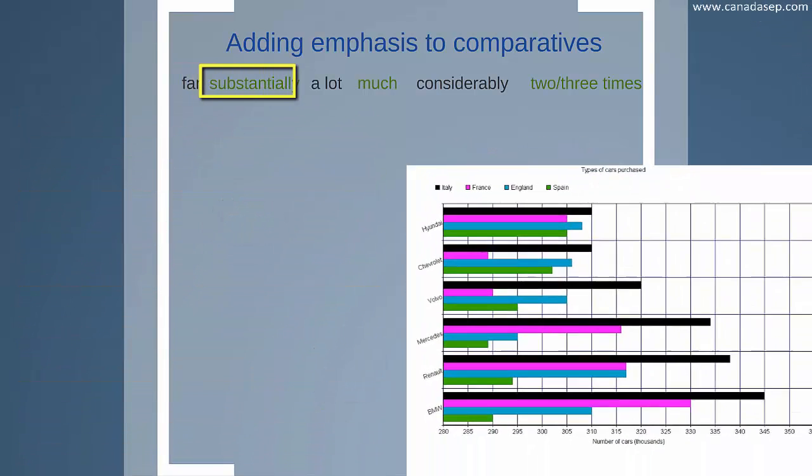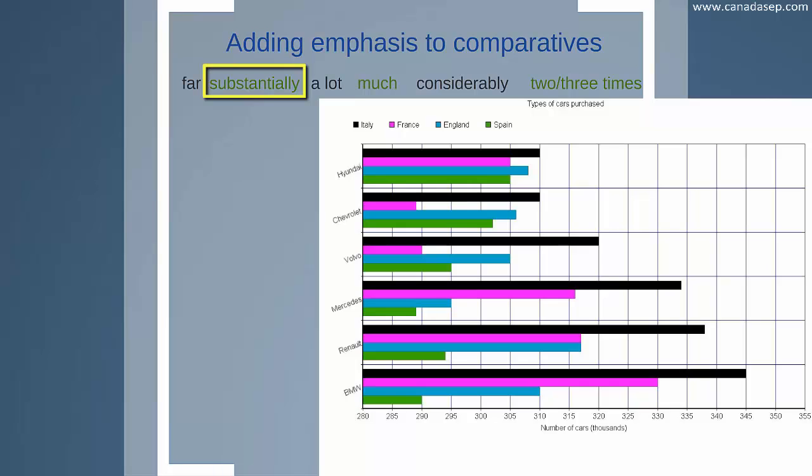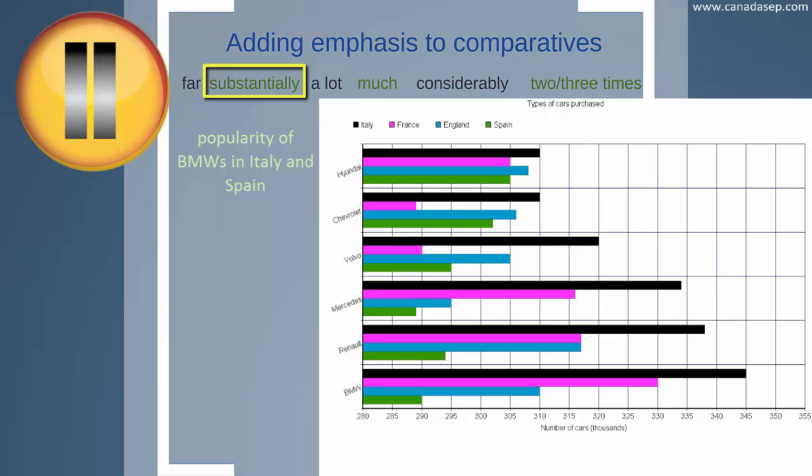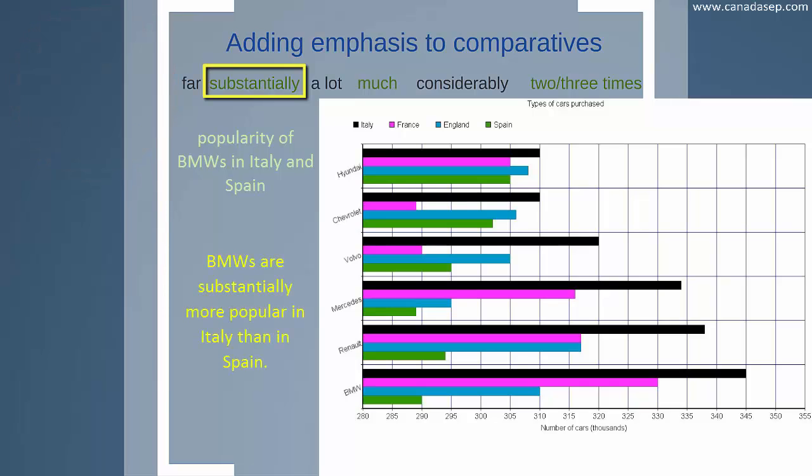In this graph, compare the popularity of BMWs in Italy and Spain. Pause it, please. BMWs are substantially more popular in Italy than in Spain.